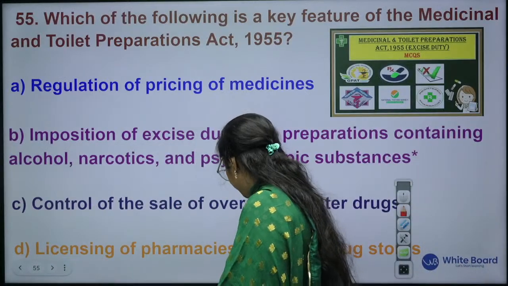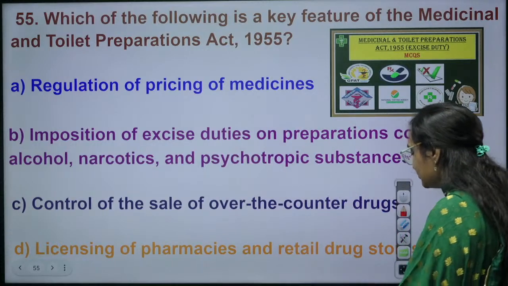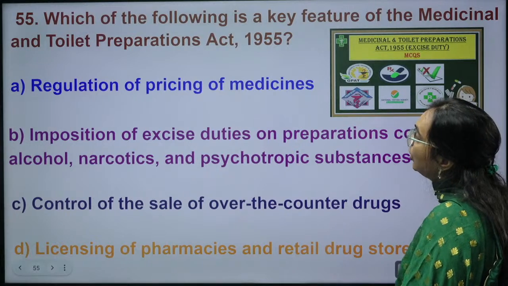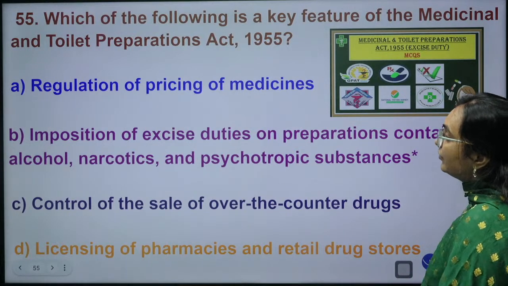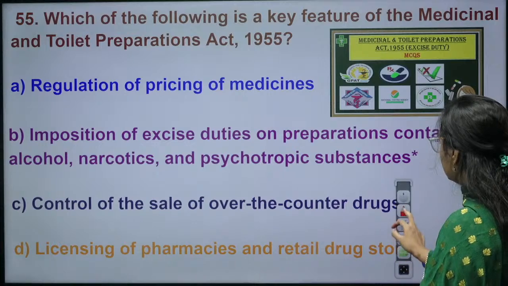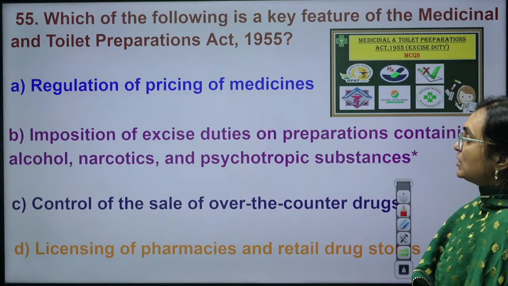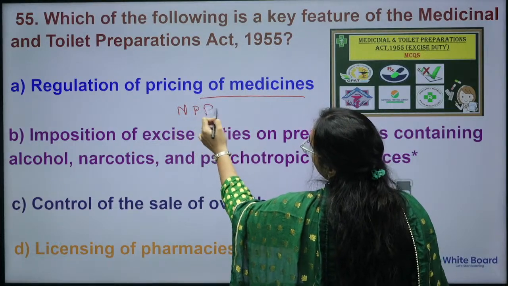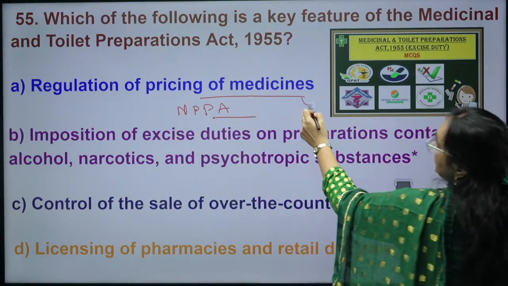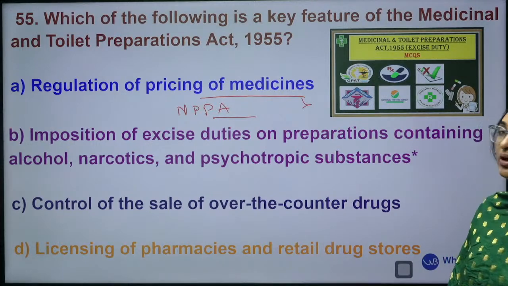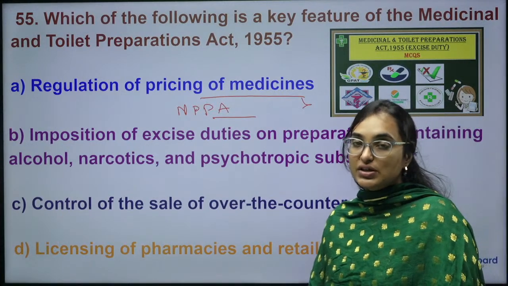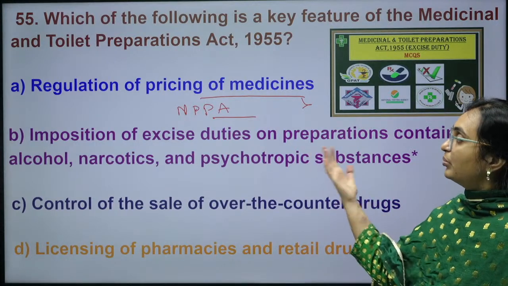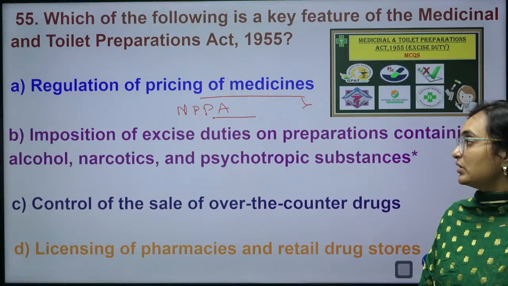Next question. Which of the following is a key feature of the Medicinal and Toilet Preparations Act 1955? That is what we discussed. Regulation of pricing of medicines is done by the National Pharmaceutical Pricing Authority, not this MTP. MTP is only to collect the excise duty on alcohol preparations and narcotic preparations. So it is not pricing. Pricing is done by the National Pharmaceutical Pricing Authority.